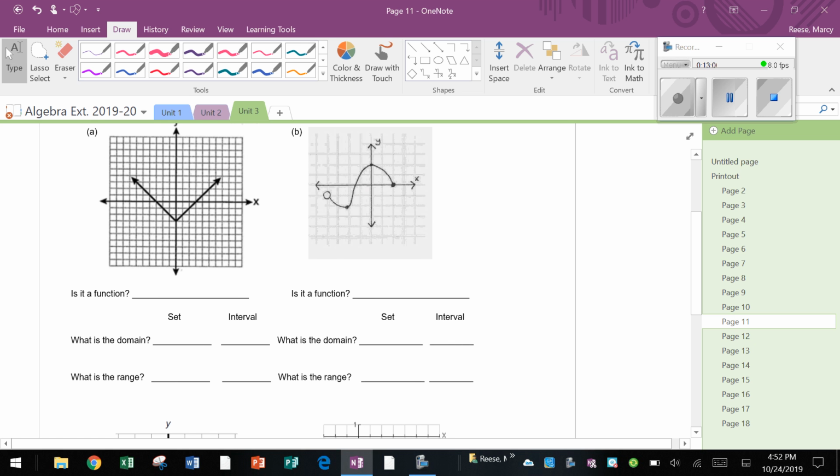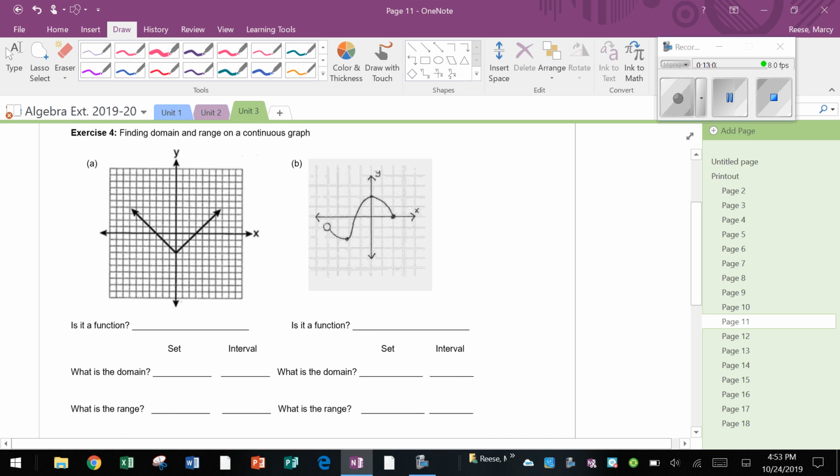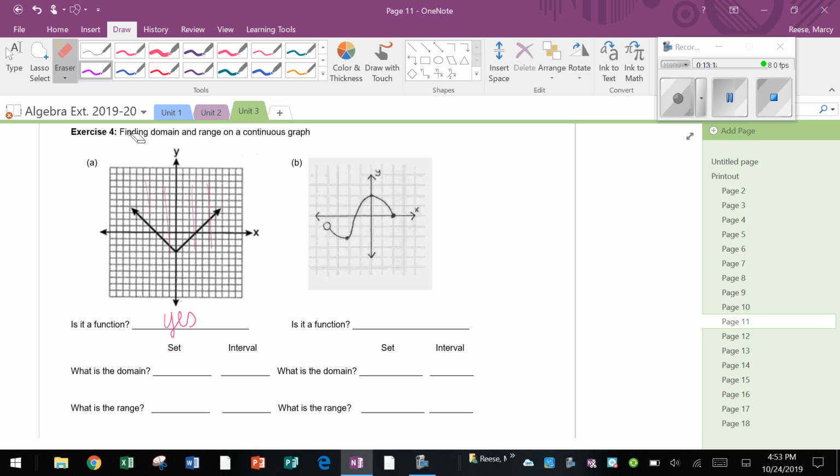So the first thing I'm going to ask you is, is it a function? That would be if it passes the vertical line test, and it does. If I were to draw a bunch of vertical lines here, we're going to say yes, it is a function.